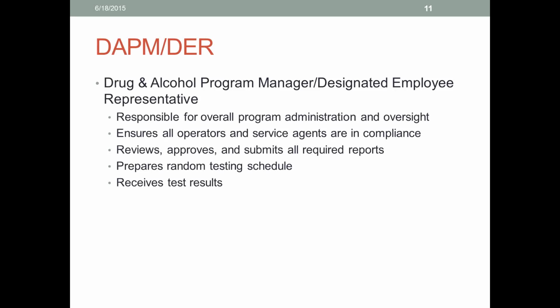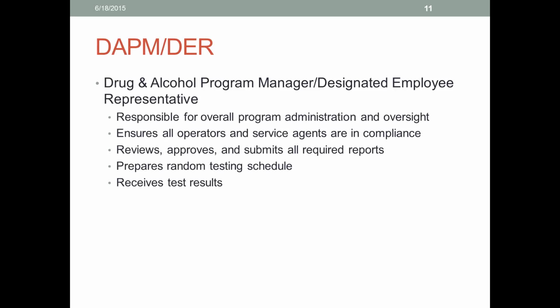The person who receives information from the testing consortium, we'll just use Midwest Truckers since they are our biggest consortium statewide. Midwest Truckers would communicate directly with the designated employee representative about who needs to be tested from their organization, and when that person needs to be tested, what time, what day, how long the window of testing needs to be, et cetera.